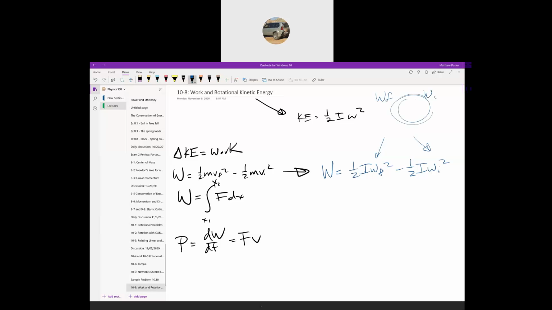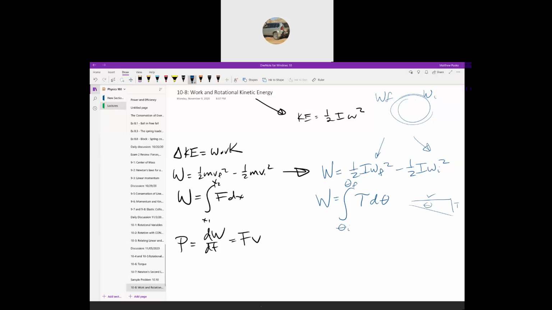You can also figure out the work done using an integral definition. We could say we have a torque acting through some differential theta, right? So a radius arm here, a torque, it acts through some angle, from some theta initial to some theta final. We can also calculate the work.